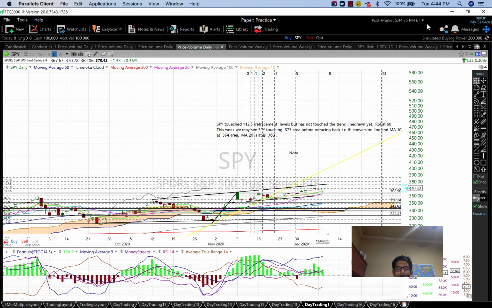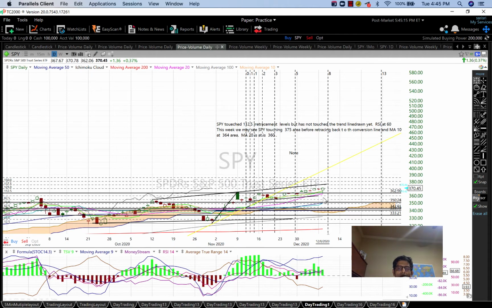As we were mentioning for the past few days, the SPY has touched the 112.5 retracement and has gone up above that area, 370. Now it is heading towards this trend line, which is right at the 125% retracement, at 375.